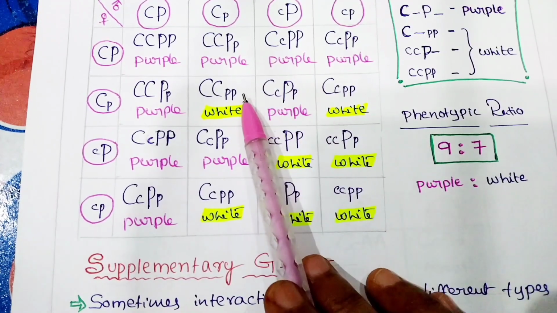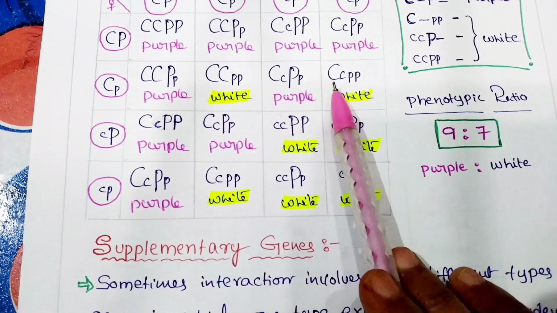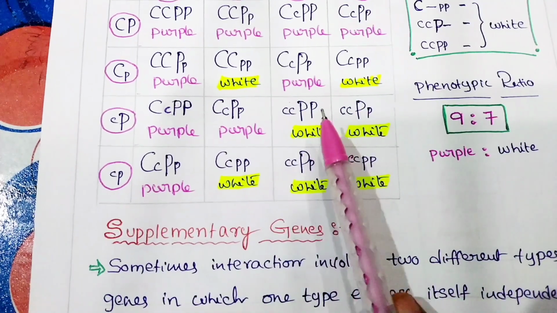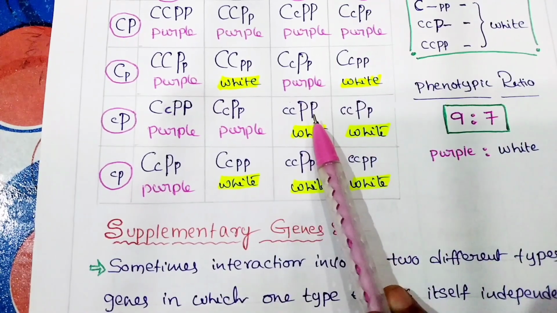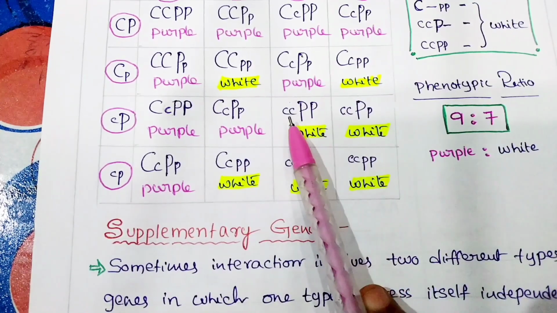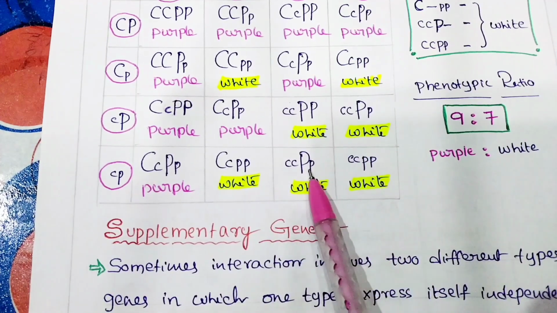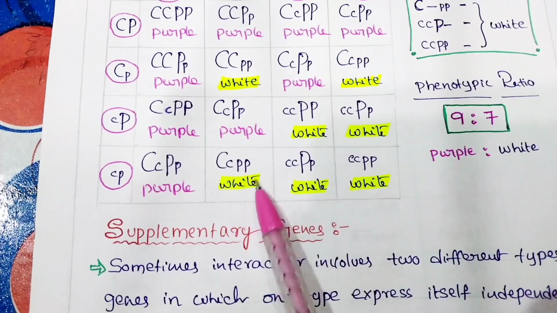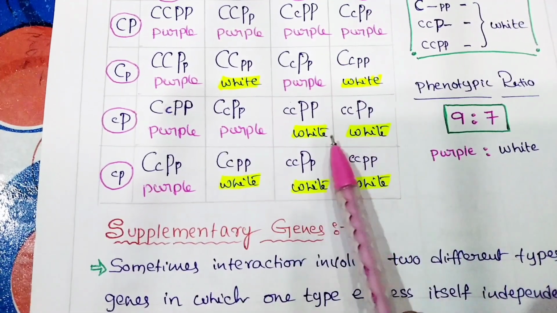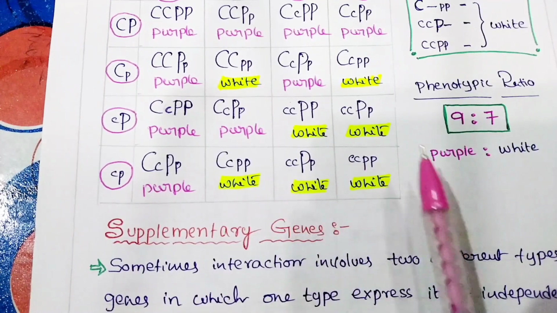Wherever you find only capital C, with absence of capital P, or only capital P is present with capital C absent, these are all the situations where the plant produces white colored flowers due to absence of anthocyanin pigment.